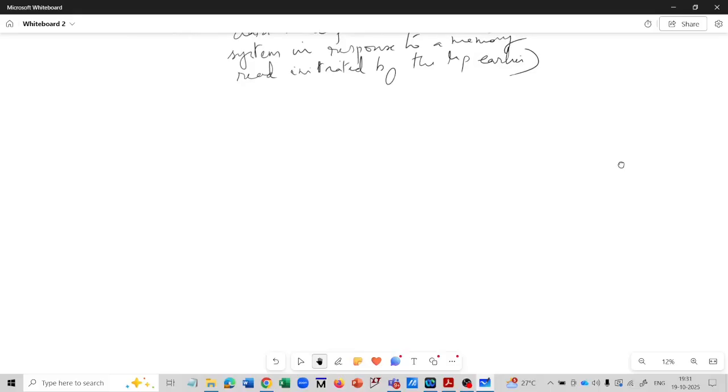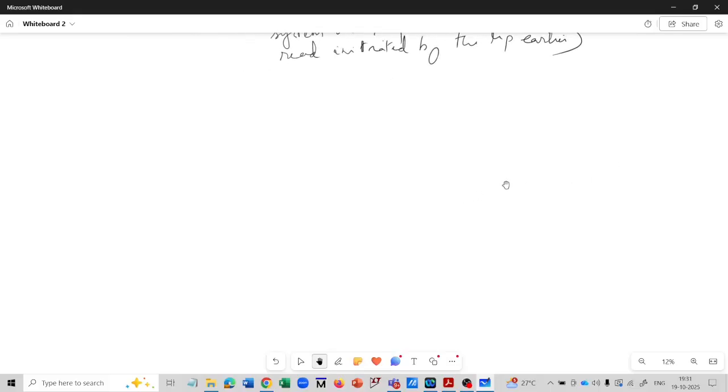So having said this much, I think now we are ready to list out the various transactions that describe the functionality of this controller. So let us start from a memory read. So what is a memory read? The memory read is the read of a memory location from the processor, from the host.